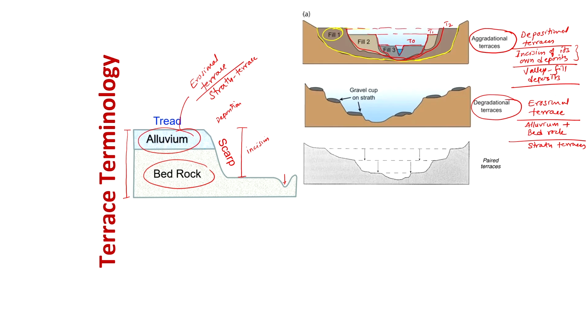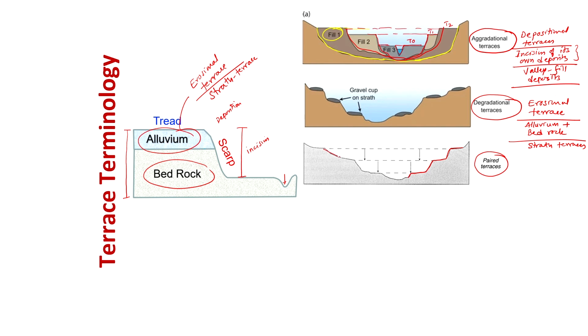And as I discussed in the previous one, since you have the existence of these terraces, or the erosional scarp, on either side of the channel, you have one step here, then a second step here, then a third one here.